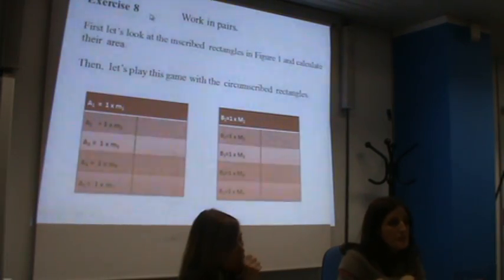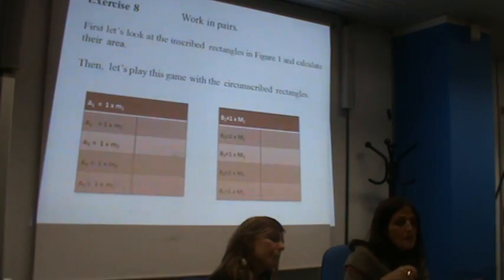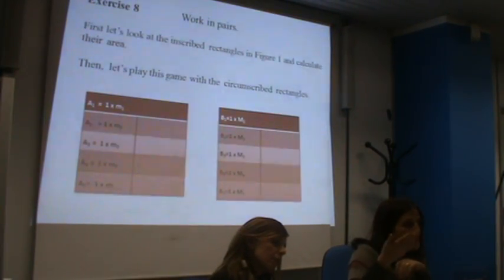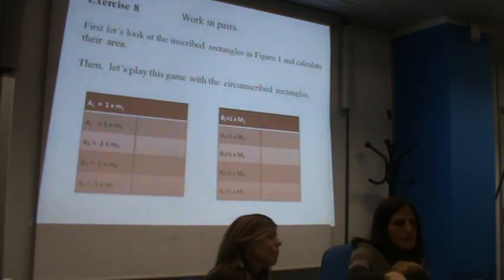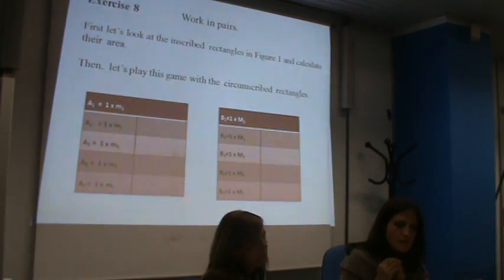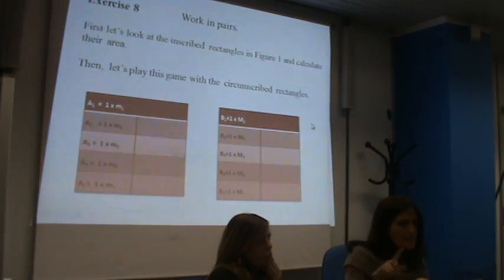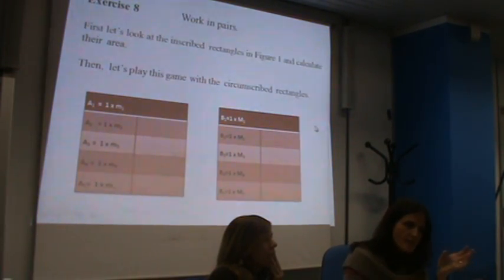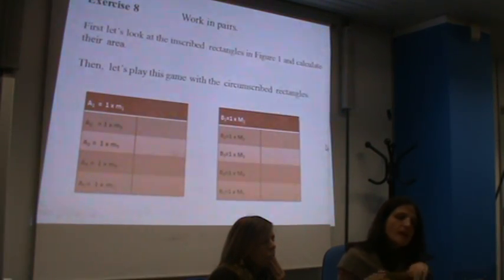In the next exercise they work in pairs, and from what they have already done in figure 1, one of the exercises they did before, they calculate the area of the inscribed and circumscribed rectangles.